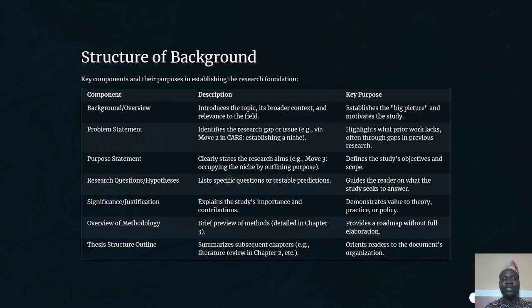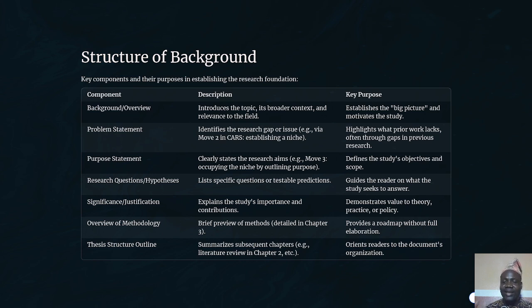Next to this is the purpose statement. Clearly the research aim is clear to everyone. So this defines the study objective and scope. The next thing is the research question or hypothesis. So it lists specific questions or testable predictions.